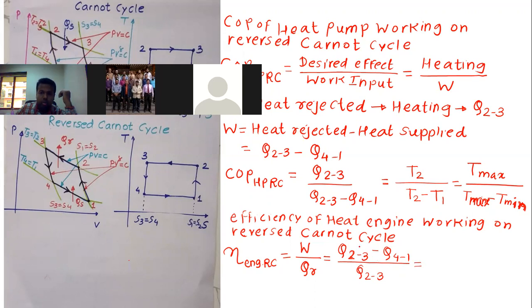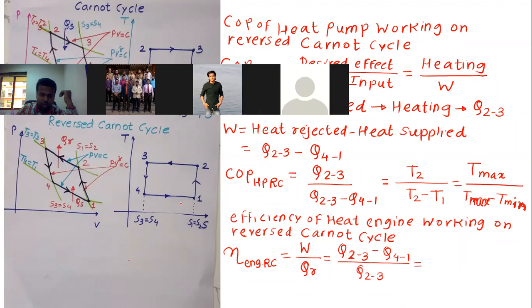So it is equal to, what is the temperature during 2 to 3? You can see during process 2 to 3, it is T2 or T3, so I have written it as T2. Minus, during 4 to 1, what is the temperature?